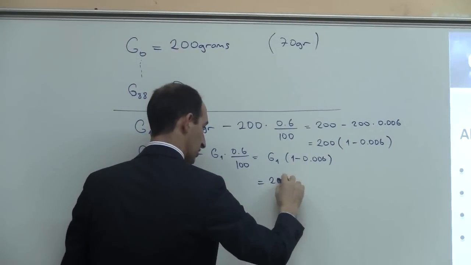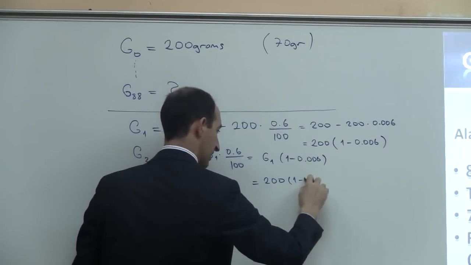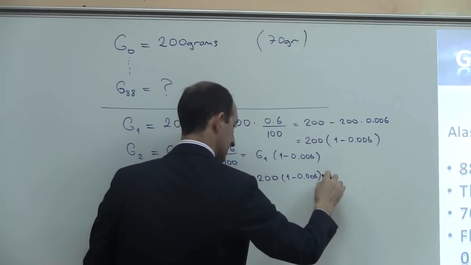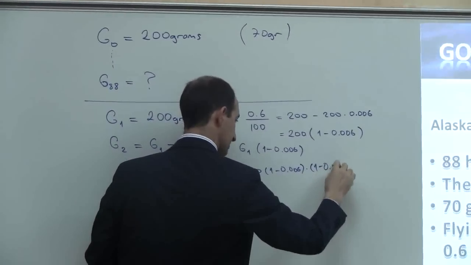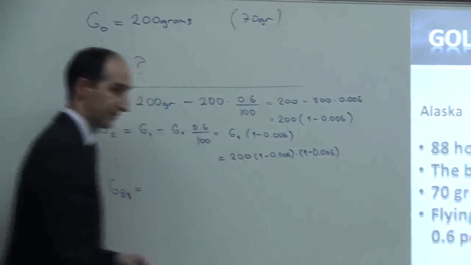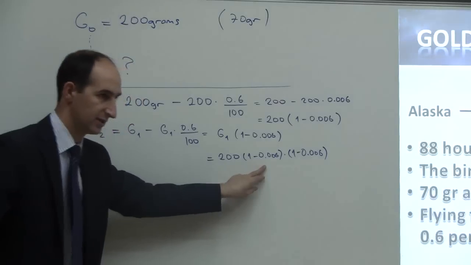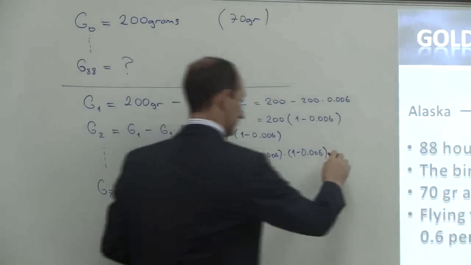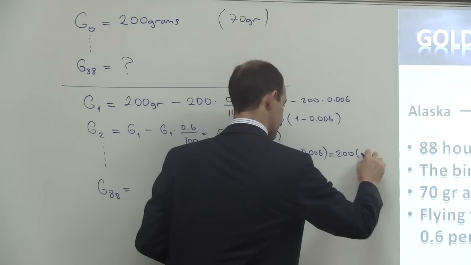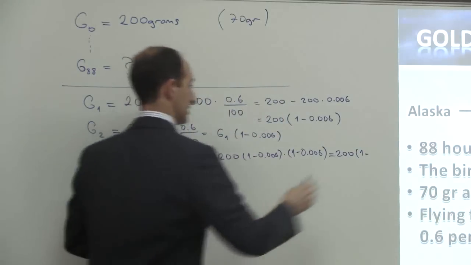It will be 200 times (1 minus 0.006) times (1 minus 0.006). So shortly, it is the square of this difference.